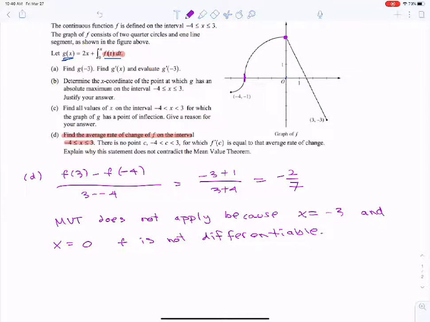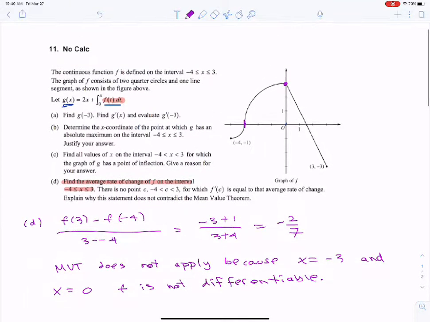Okay. Katie, Beth, are you both good with those explanations? Is there any follow-ups on those? Okay, perfect. Then I think that is it for number 11.